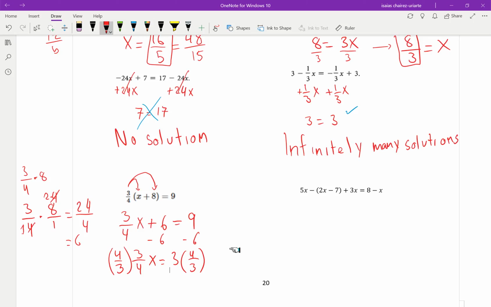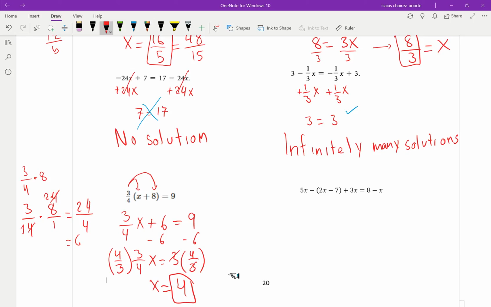So then this says x equals, and then it's just multiplication of fractions. So think of 3 as 3 over 1. So 3 times 4 is 12 over 1 times 3. So 12 over 3. And that just becomes 4. Or another way to think about it is that this 3 and that 3 cancel. So this just becomes 4. So my answer for this equation is 4. x equals 4.